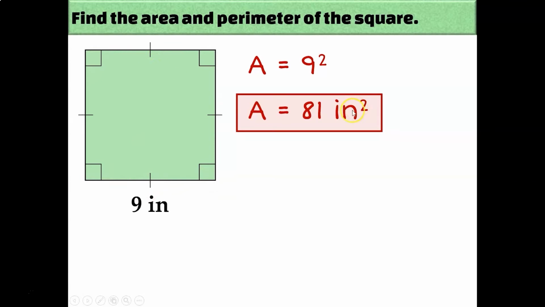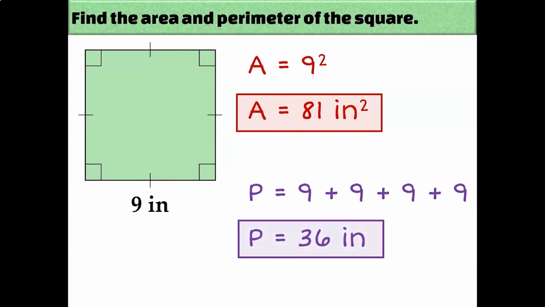So you do have to write inches squared, or centimeters squared, or yards squared, whatever it is, if you're talking about area. Whereas perimeter is a linear length, it's just how long is all of these 4 sides added together. So perimeter is 9 plus 9 plus 9 plus 9, or 4 times 9 if you prefer. So the perimeter of this square is 36 inches.